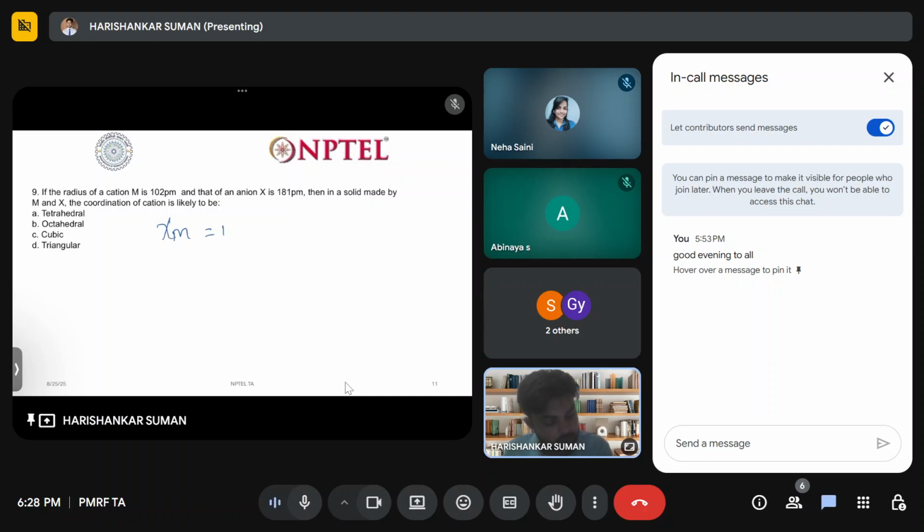Radius of M is 102 picometer, radius of X is 181.